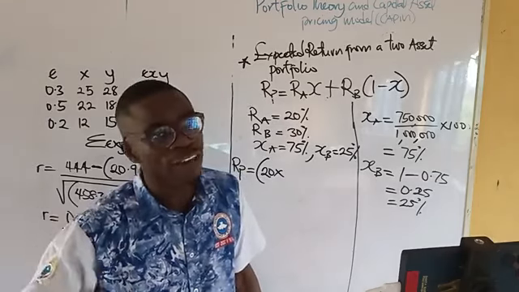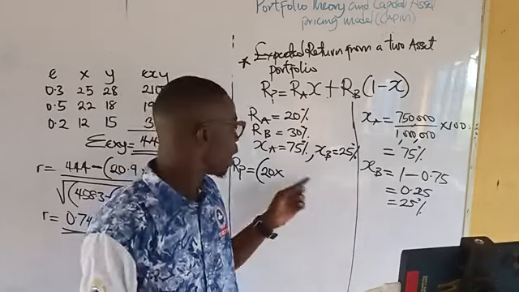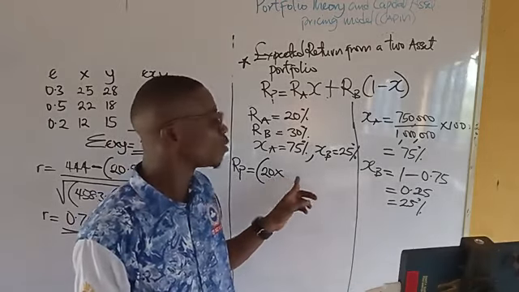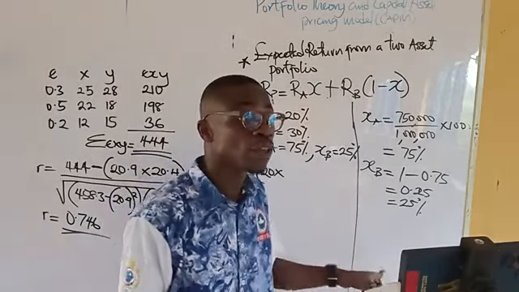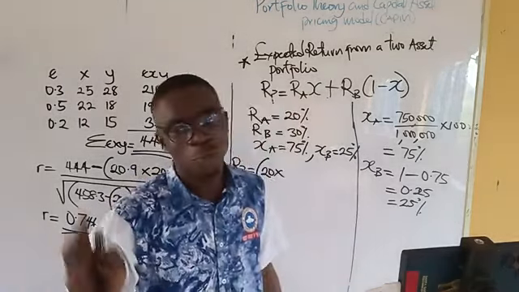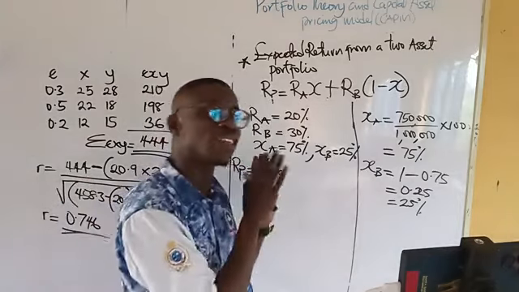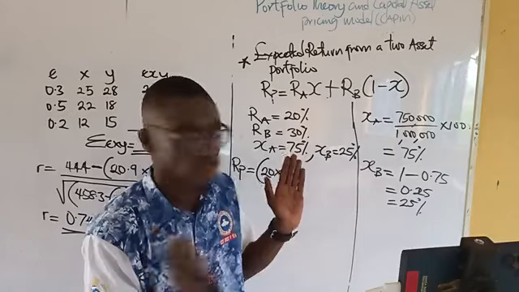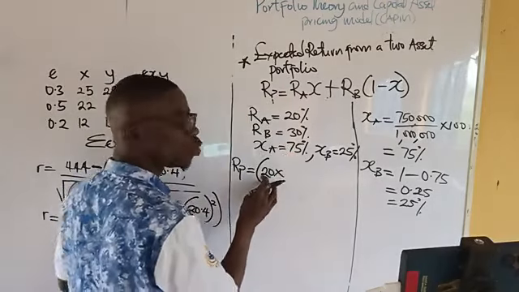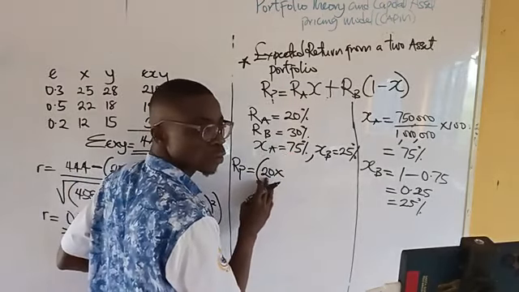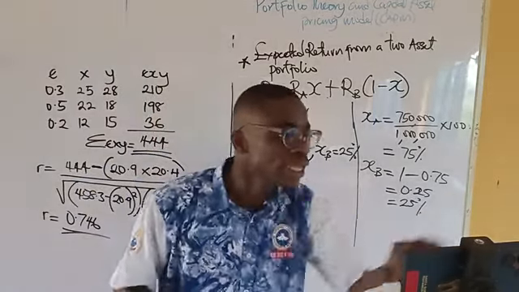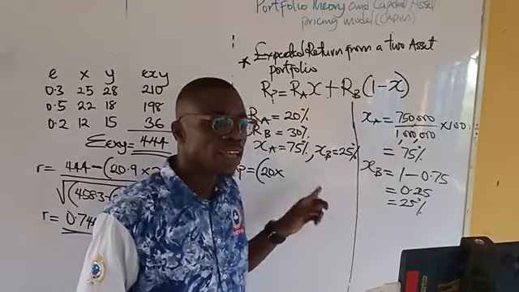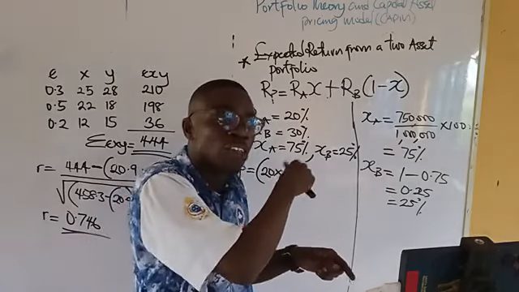But if you don't convert it to decimal, by the time you are saying 20 times 75%, whatever the answer you get, always divide it by 100. So some of you will forget. So it's better you do it like this. You know, if you multiply 75 here, it means you are saying that it's expressed in 100.